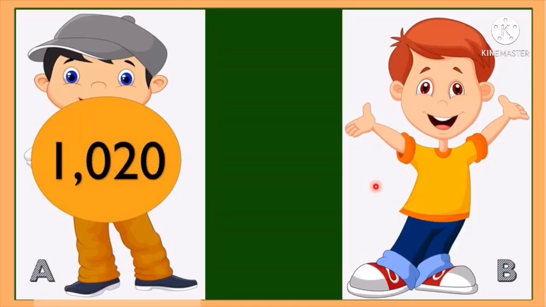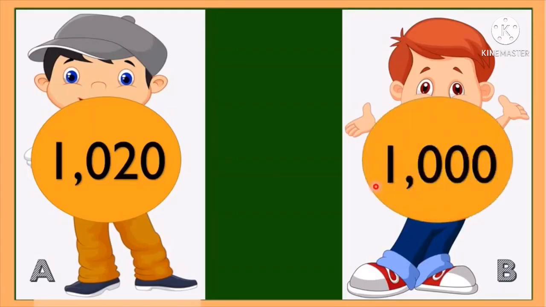Next. This number is? Can you read for me first? Very good. This is 1,020 for boy A. For boy B, we have only 1,000. Now, which number is greater than the other one? Is it boy A, boy B, left or right?